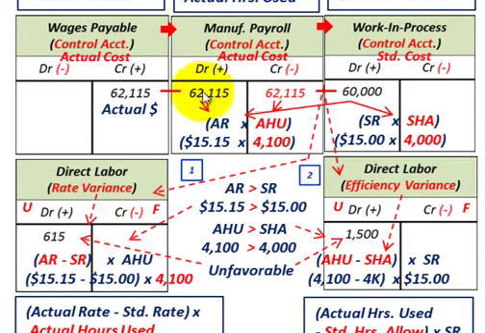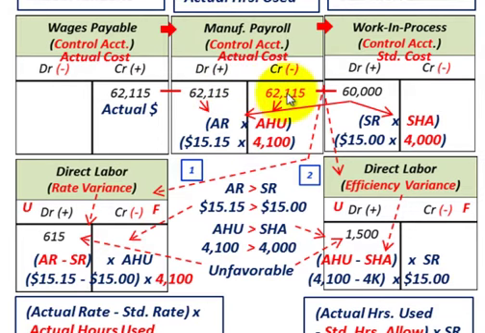So the $62,115 is based on our actual hourly rate of $15.15 per hour times the actual hours used, 4,100 hours.